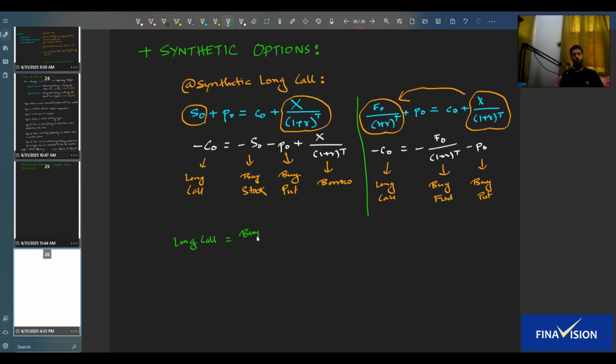buy the underlying or buy the stock. Let me write underlying here. And buy the put and borrow.